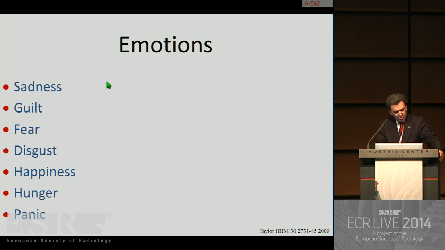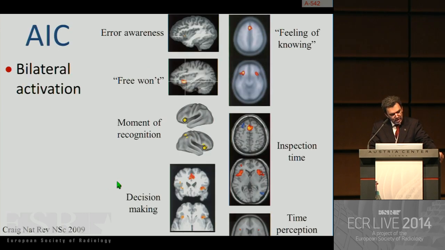So coming back to the emotions, and you can subdivide them. There's obviously a lot of research happening on that, what they are. And if you look at what is within the limbic system and here in the anterior insula, you can have certain emotional status that is reflected in a bilateral activation. For instance, awareness of mistakes, feeling of knowing something, time perception, decision-making.